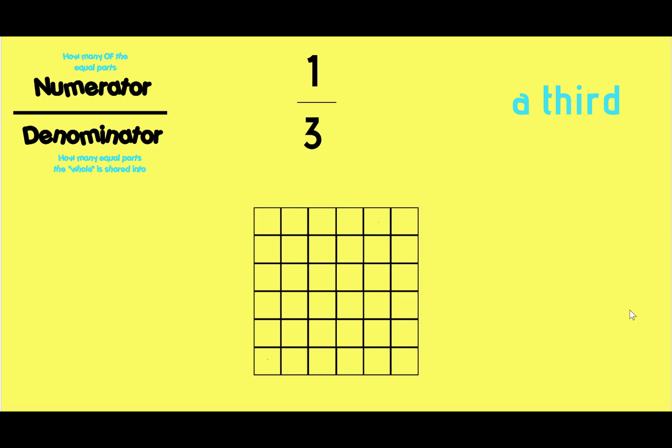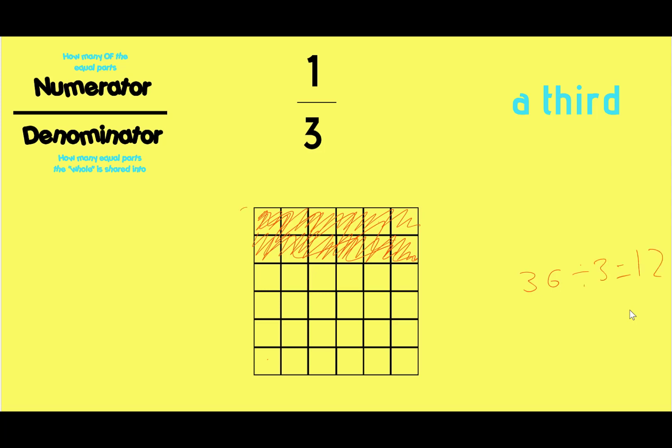Okay, so your goal is to get towards using your times tables. So 1, 2, 3, 4, 5, 6, 7, 8, 9, 10, 11, 12. Okay, so I'd shade 12 in because I've found how many squares there are altogether, and I've shared that into 3 groups, which gave me 12.